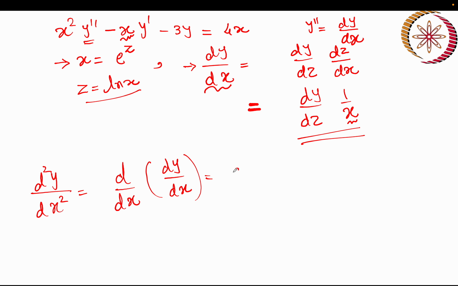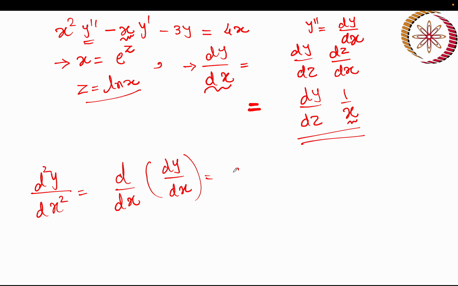So what we'll get is d square y by dz square times 1 upon x, and minus dy by dz, multiplied by dx by dz. dx by dz will be e raised to z, which is nothing but x again. So dx by dz is nothing but x.